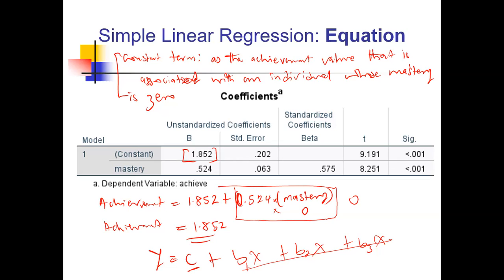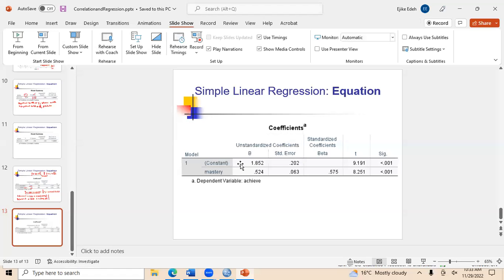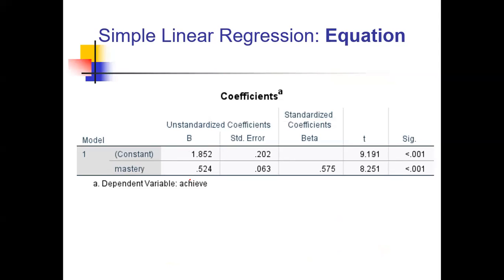Then how do we interpret the coefficient for mastery? Okay, let me reproduce that again. I think we have that actually. So how do we interpret the second coefficient here? So the coefficient for mastery is interpreted as follows.